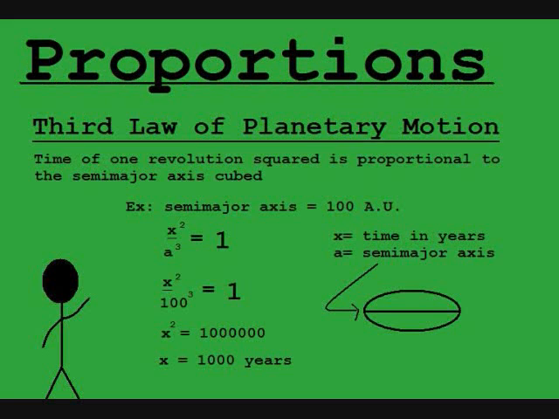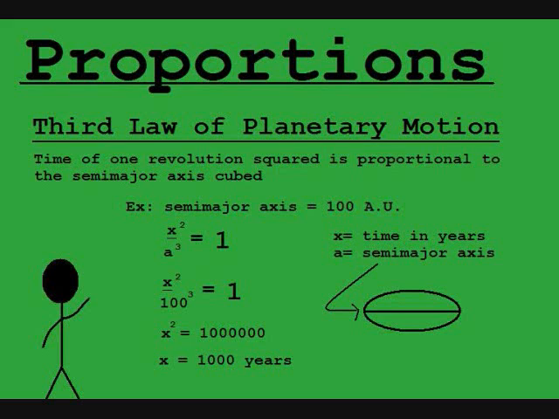Proportions. Proportions play a role in the third law of planetary motion, which states that time of one revolution squared is proportional to the semi-major axis cubed, as you can see in the example below.